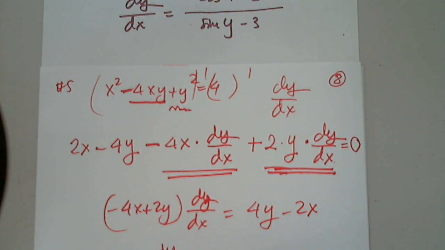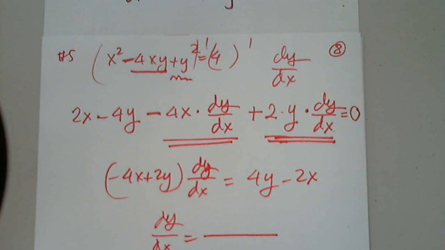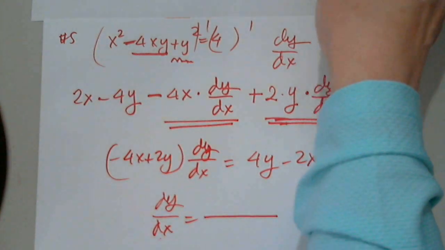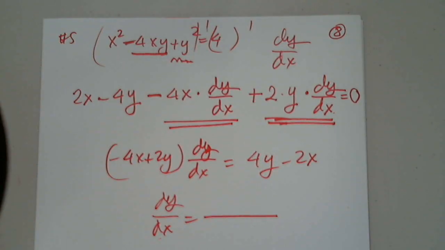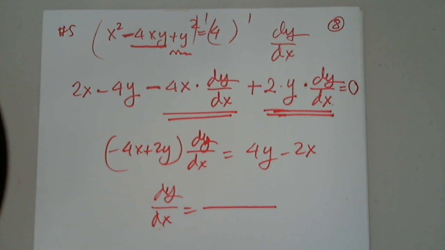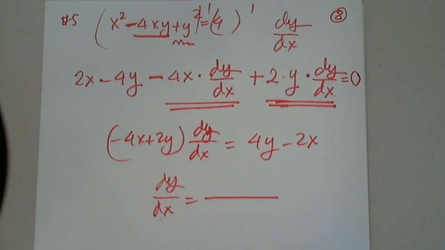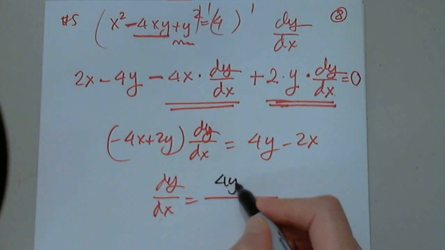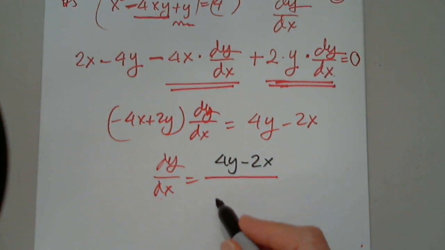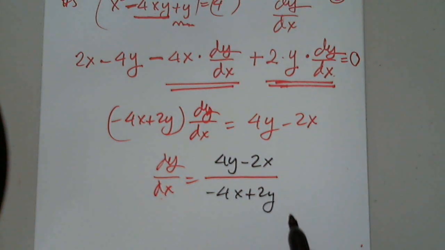And finally dy over dx will equal, what do I get? 4y minus 2 over negative 4x plus 2y. That's it.